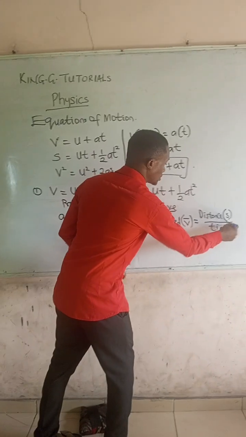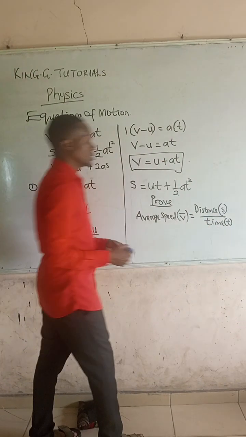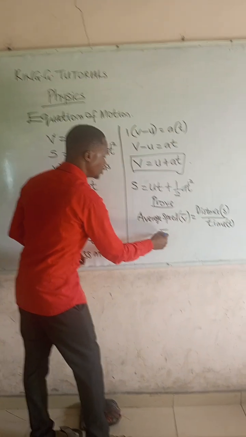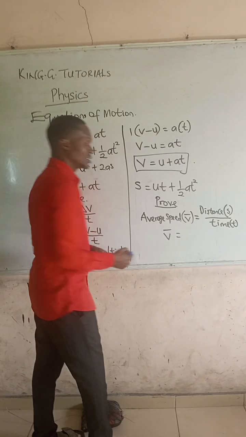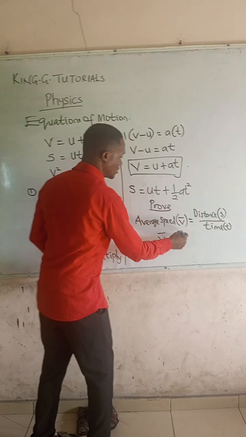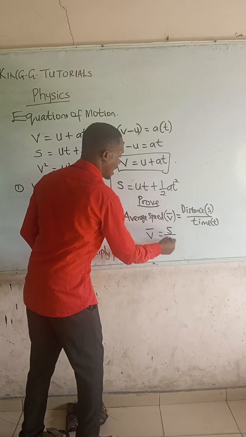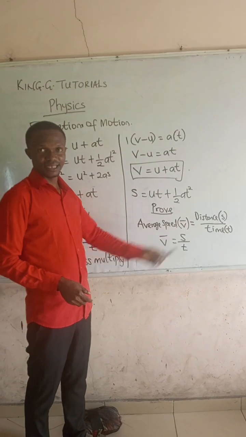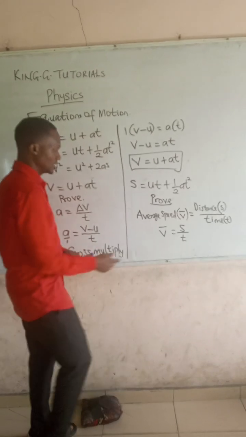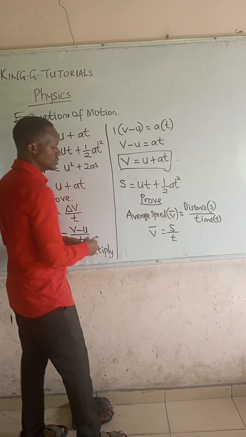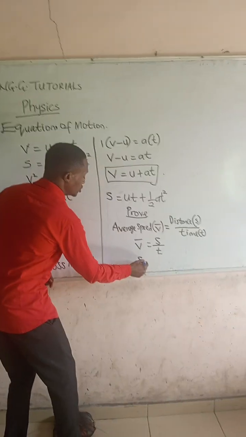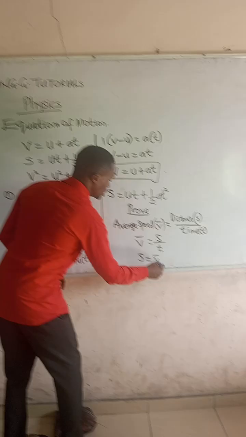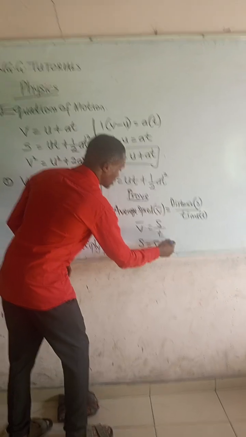The time I will use letter T to show, which should give me average speed is equal to S all over T. Then for my distance S, I can cross multiply. So T times the average speed will give me S is equal to the average speed times T.